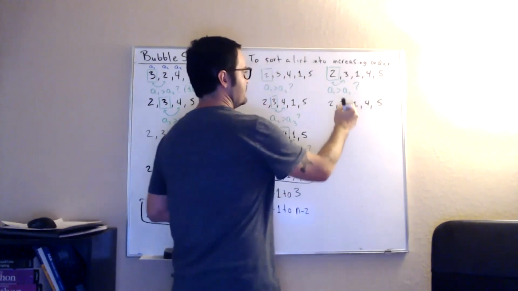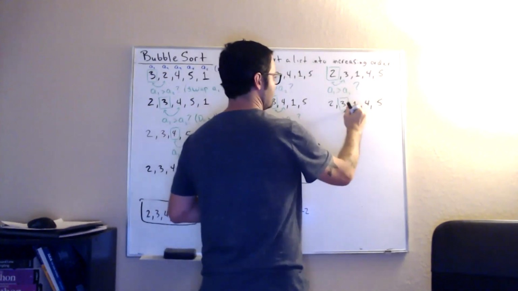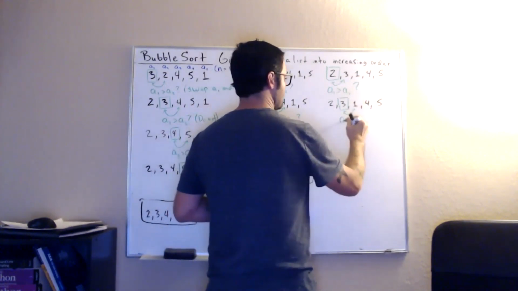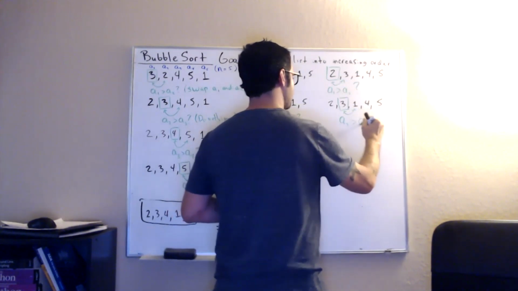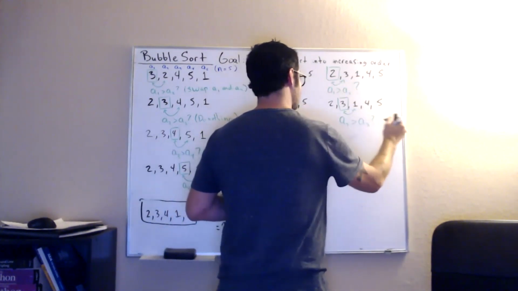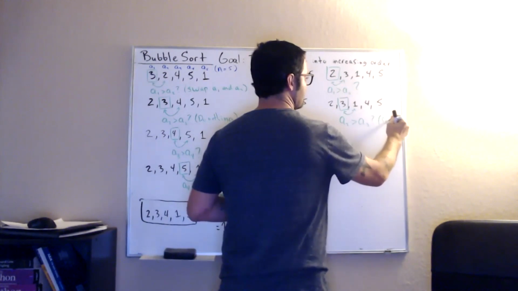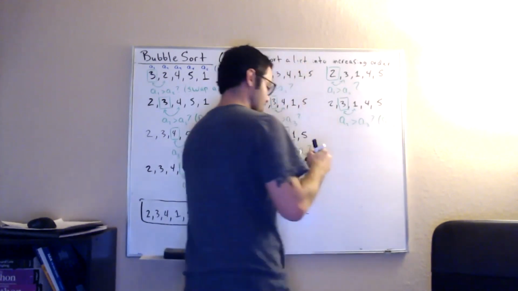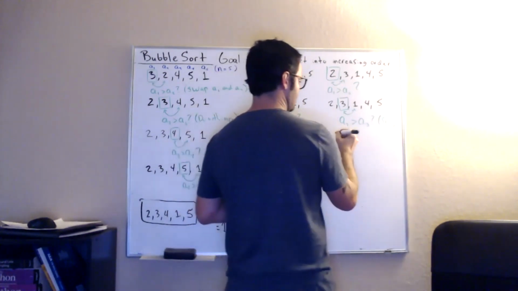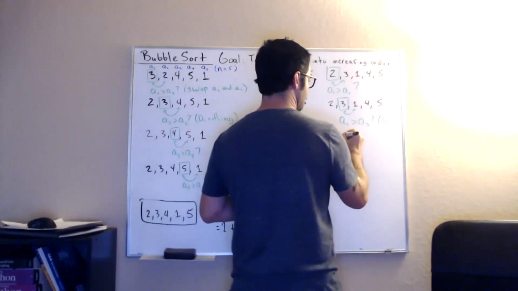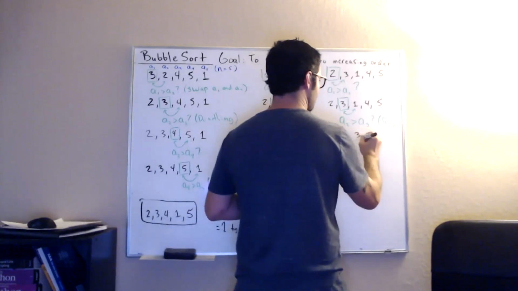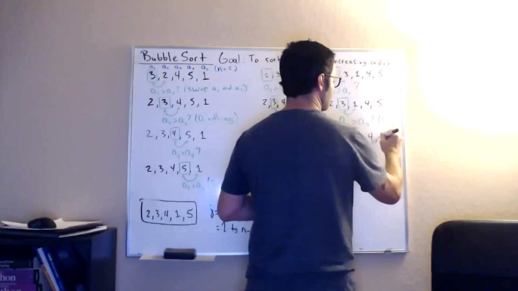So then we compare A2 to A3. It is, so we're going to swap. And we'll get 2, 1, 3, 4, and 5.